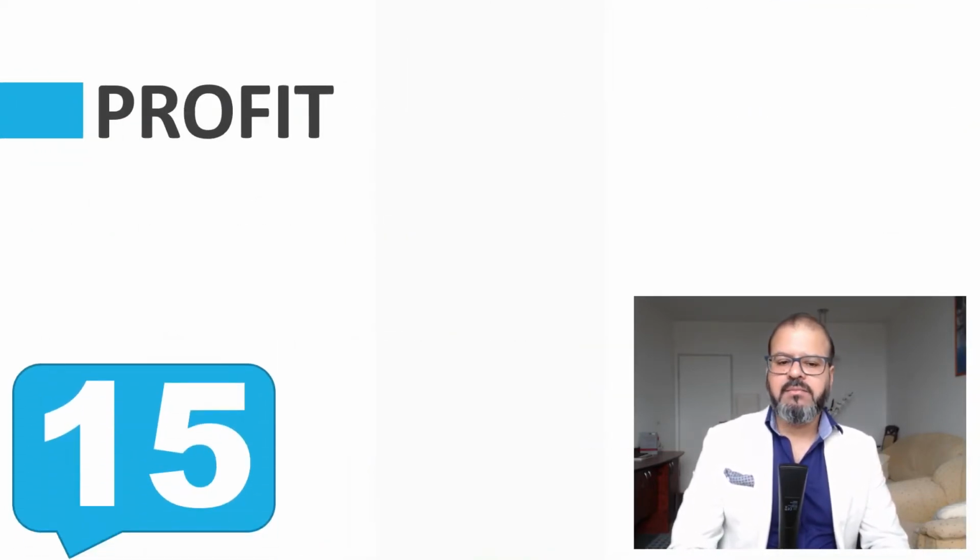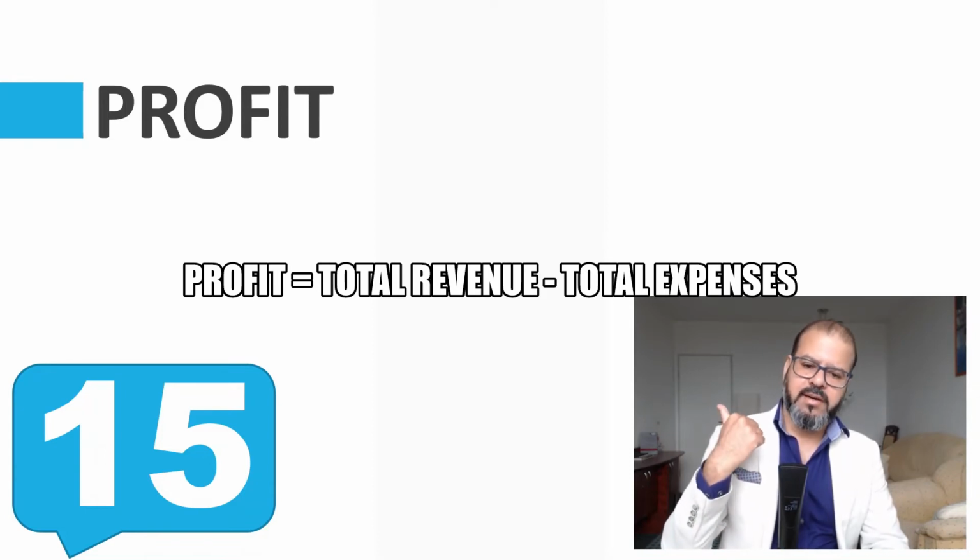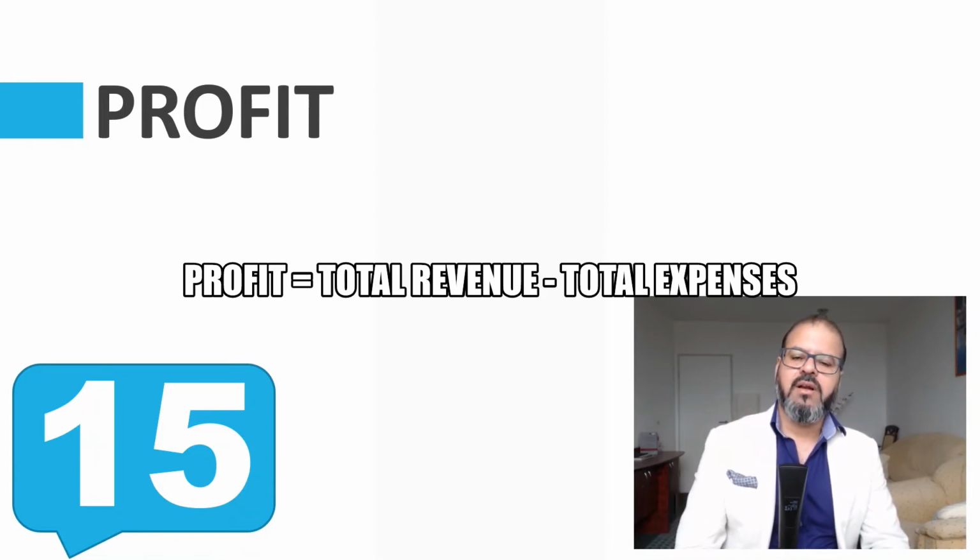Profit, also known as net income or the bottom line in some business terminologies. Your profit shows the difference between what a business earns and spends. Calculate profit by subtracting total expenses from total revenue. So profit is equal to total revenue minus total expenses.